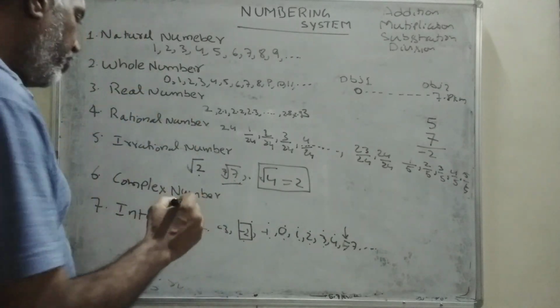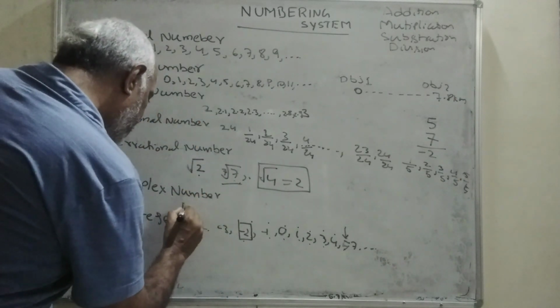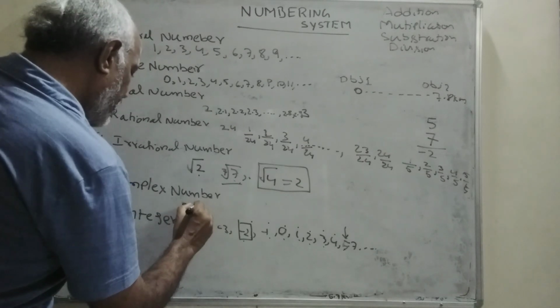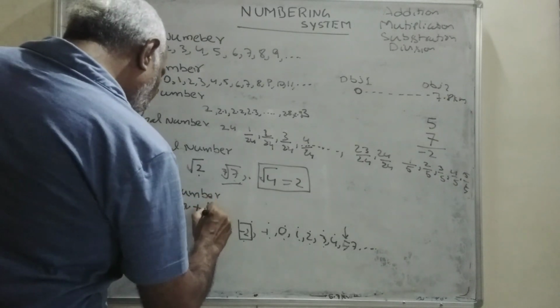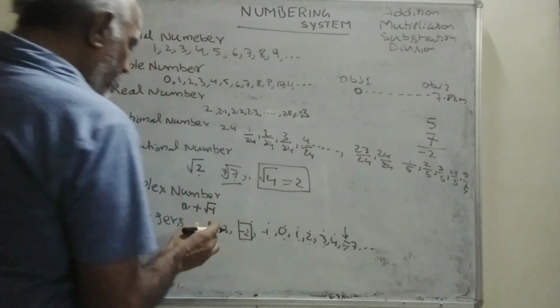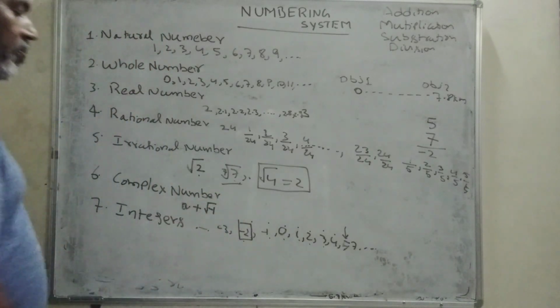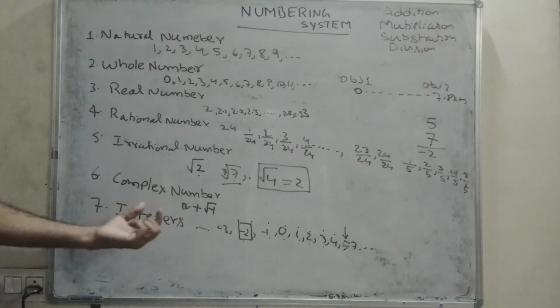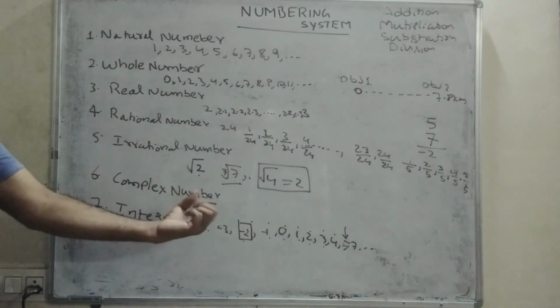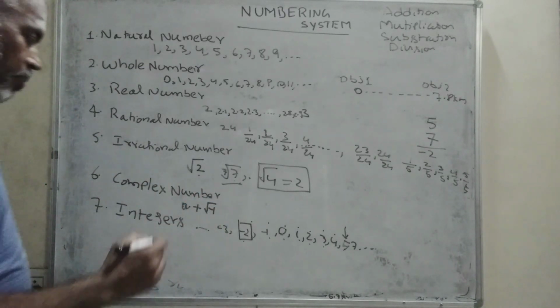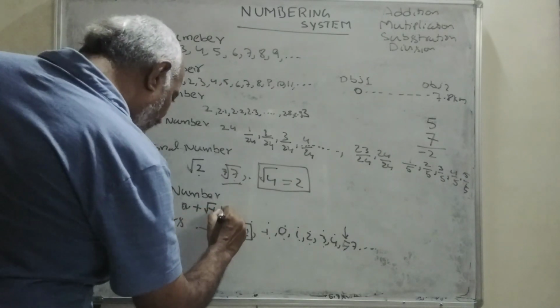So a is one number, plus I am adding another number multiplied with the square root of minus 1, because we cannot properly define the square root of minus 1. This has some mathematical significance, which leads to beautiful answers.